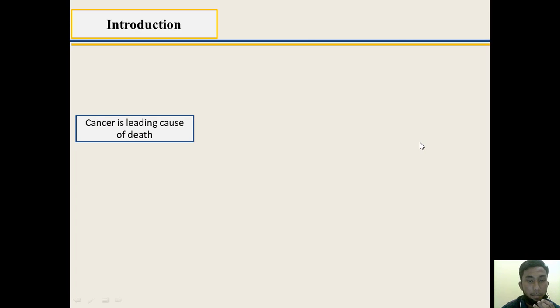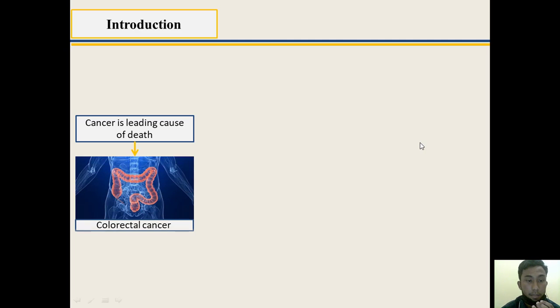Cancer has become one of the deadliest diseases in the world. Colorectal cancer is one type of cancer. According to WHO, colorectal cancer is the seventh in the top 10 causes of death in high-income countries.